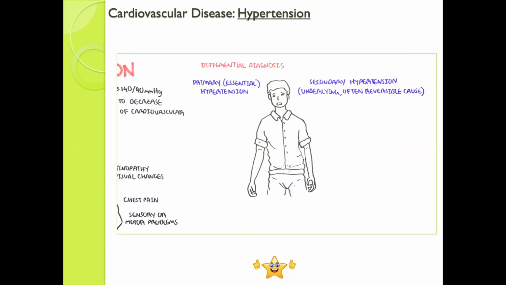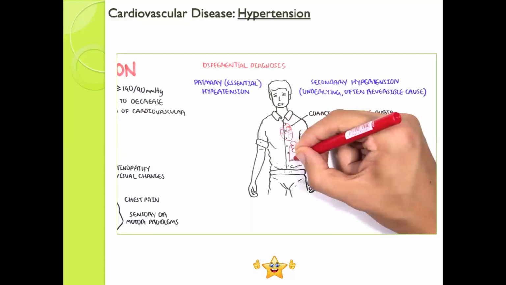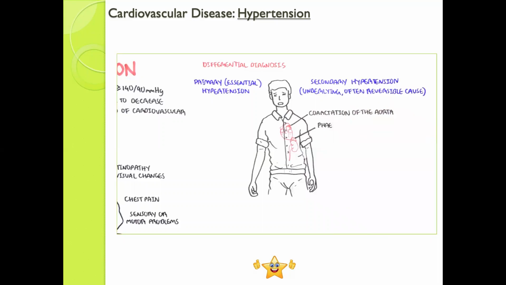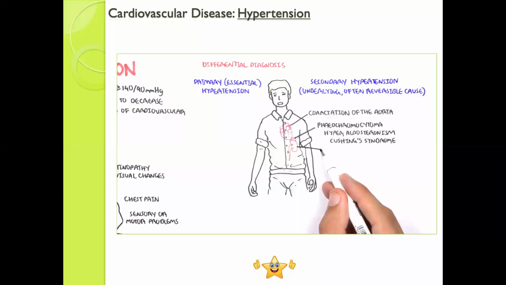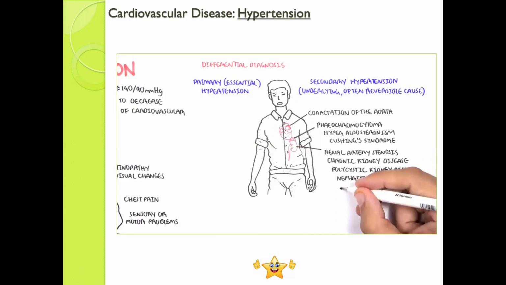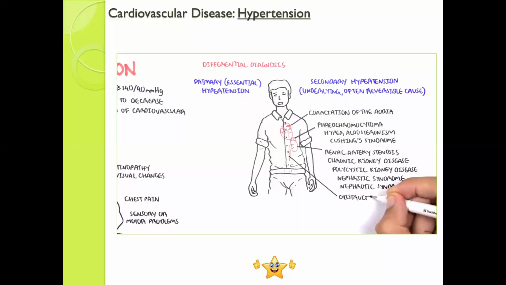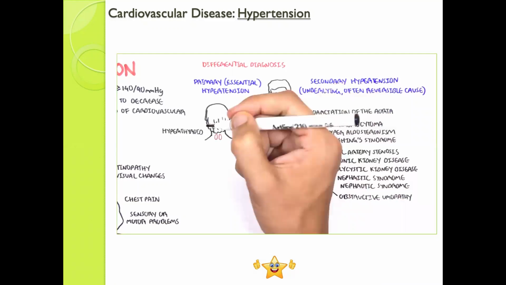Secondary causes of hypertension include coarctation of the aorta, pheochromocytoma, hyperaldosteronism, Cushing's syndrome, renal artery stenosis, chronic kidney disease, polycystic kidney disease, nephritic and nephrotic syndrome, obstructive uropathy, hyperthyroidism, and hyperparathyroidism.